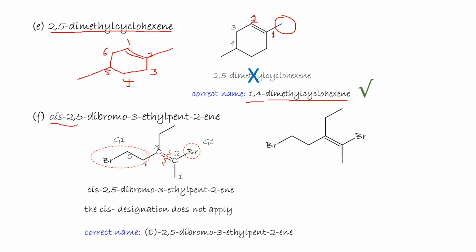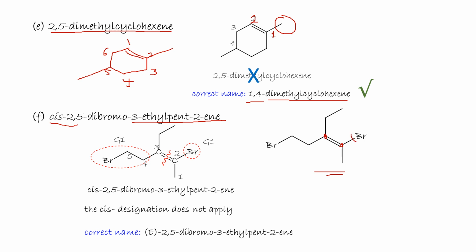Cis 2,5 dibromo 3-ethyl hept-2-ene. We can draw it this way. Okay? Do this carbon or that carbon carry the same group?